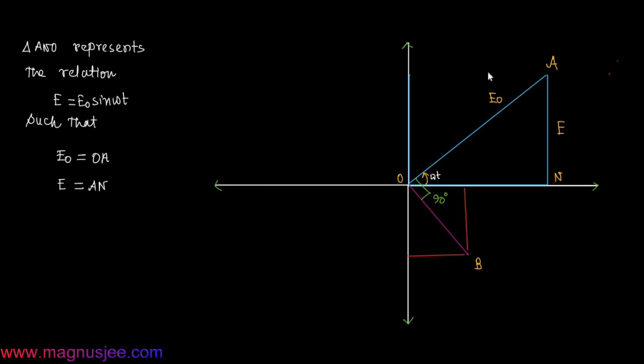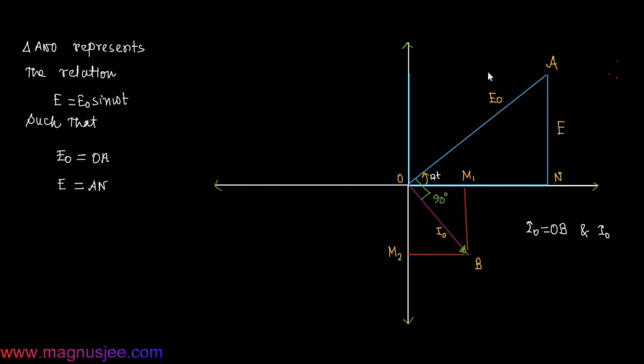Now we can draw two perpendiculars from the point B. BM1 is a perpendicular on the horizontal axis and BM2 is a perpendicular from the point B on the vertical axis. I0 is the hypotenuse of the triangle BM2O.